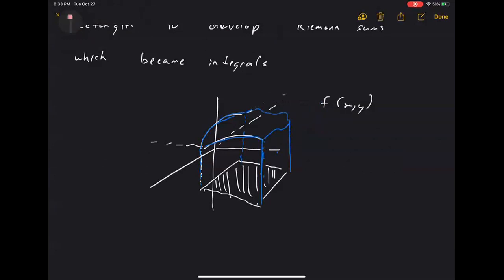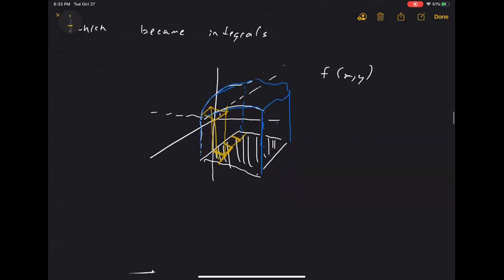Remember how we consider the volume beneath that surface for our rectangle. Basically, I divide my domain, my rectangular region, up into smaller rectangles. And then I consider the boxes. I approximate my volume with a bunch of boxes, essentially, right?